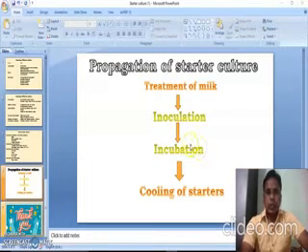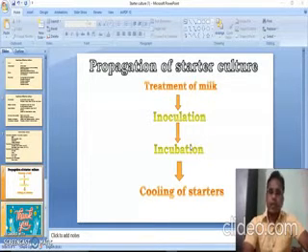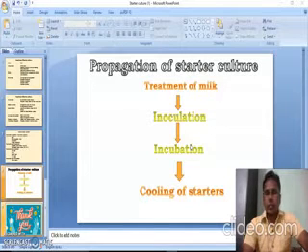Now the next point is the propagation of starter cultures, which is also very important, especially from the industrial point of view. Why is it so necessary to propagate starter cultures? The quality of the final fermented product totally depends on the starter culture used for the fermentation process.